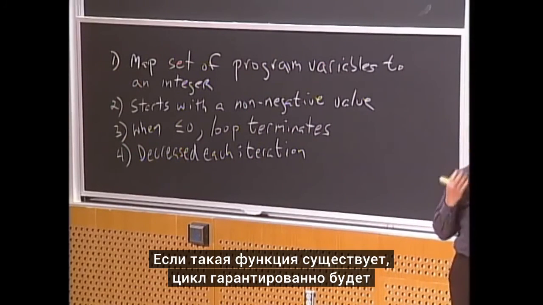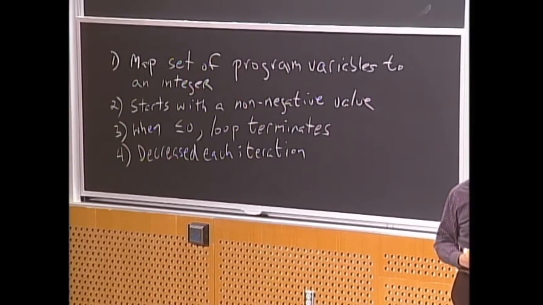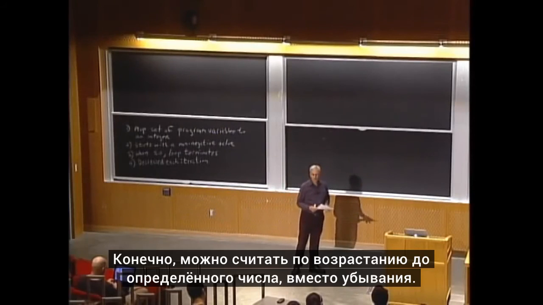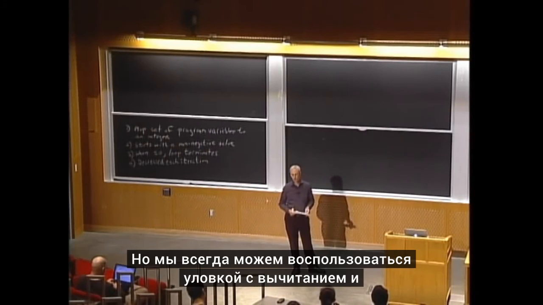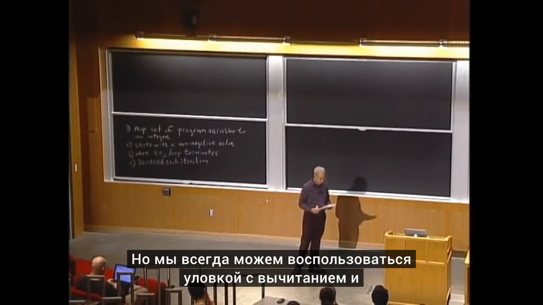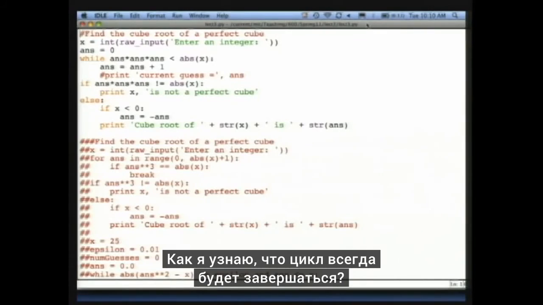If such a function exists, then the loop is guaranteed to always terminate. Now, of course, one can count up to a value instead of down, but there's always a trick we can use of subtracting to make it the same. So what's the decrementing function for this loop? How did I know it will always terminate?